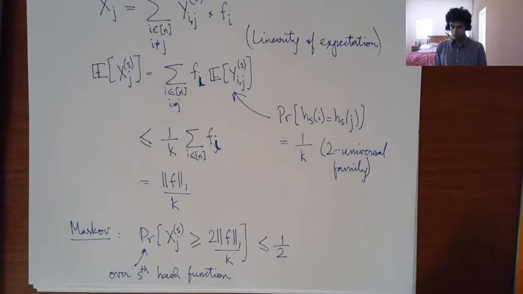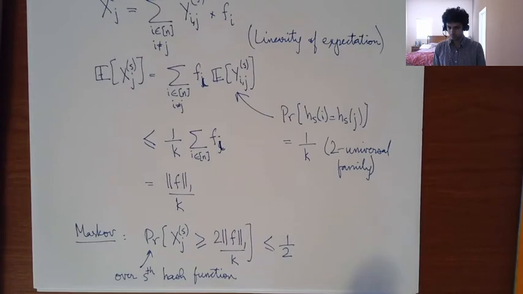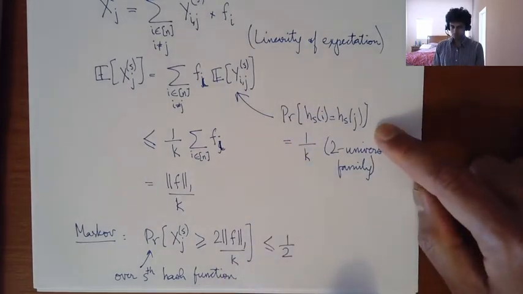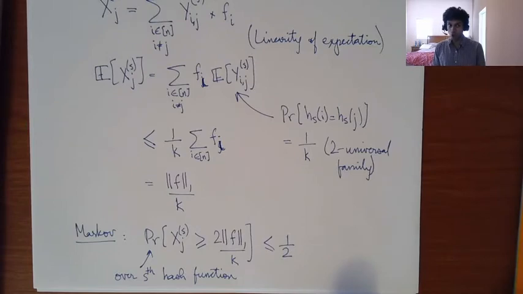All right. Any questions? So do we assume that for every h_s(i) equals h_s(j), the probability is 1 over k? You mean, do we assume this to be true for all s?